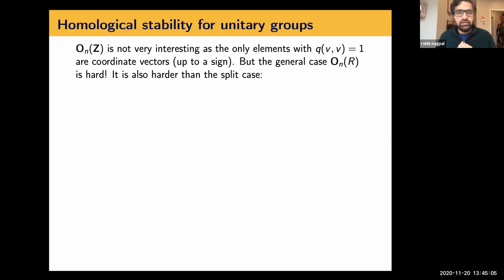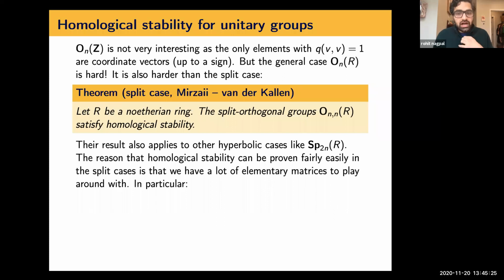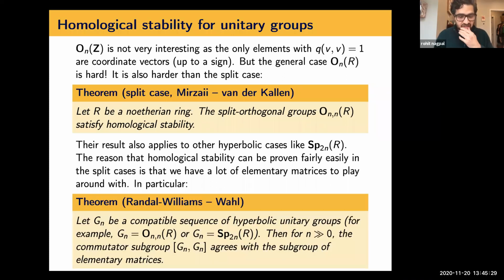and I want to point out that it is much harder in the non-split case. The split case is the one where the signature is (n,n). We already know that in the split case, these O_{n,n} satisfy homological stability basically for any Noetherian ring R, right? And this basically boils down to having enough elementary matrices, which you can see from the following result.